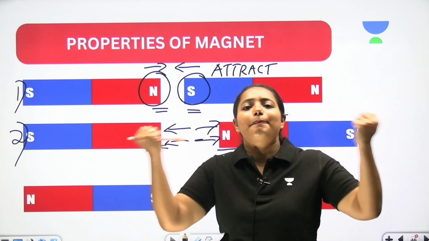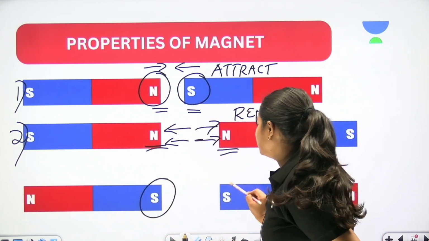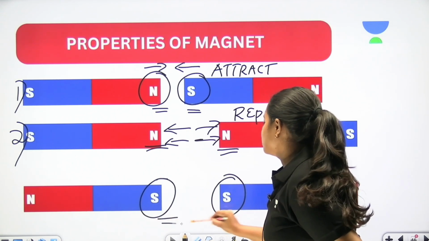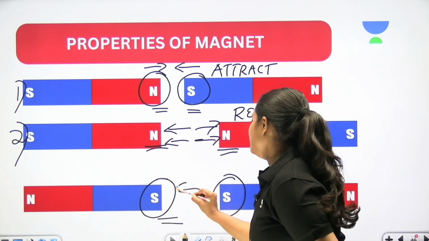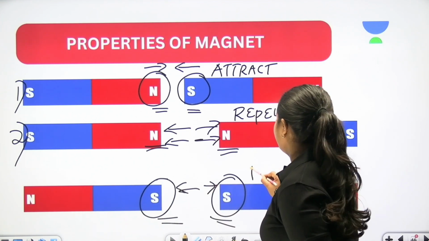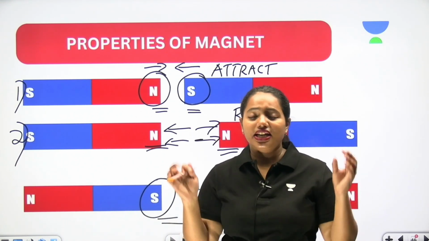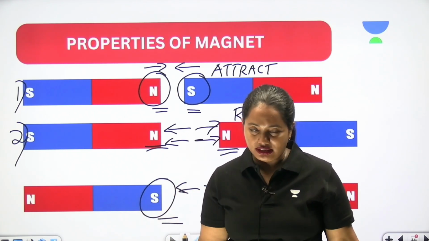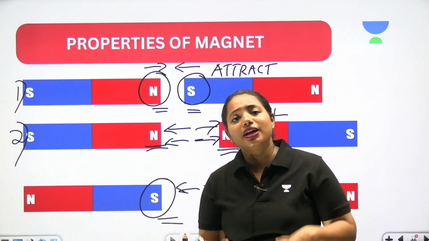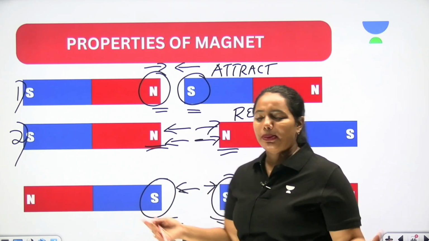Instead, they will repel each other. What about this one? Again, south and south close. Again, similar type of poles. So they repel each other. So from this, we can understand that if two similar poles come together, they repel each other. And if two dissimilar poles come together, they will attract. So that's all about it.